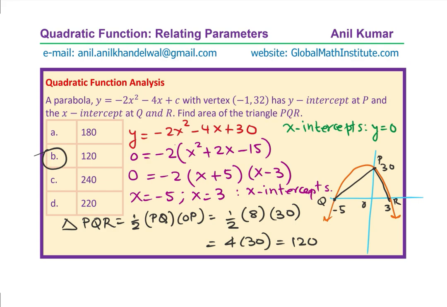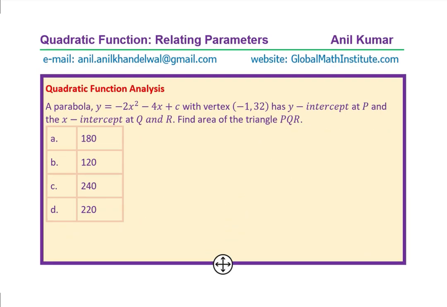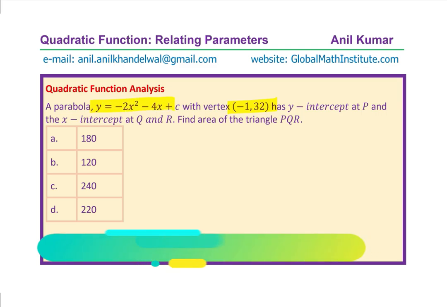Now, let me show you an alternate method. This is very interesting, on a fresh page. So let's talk about the alternate method. We are given the vertex, right? And we are given the equation without the y-intercept.